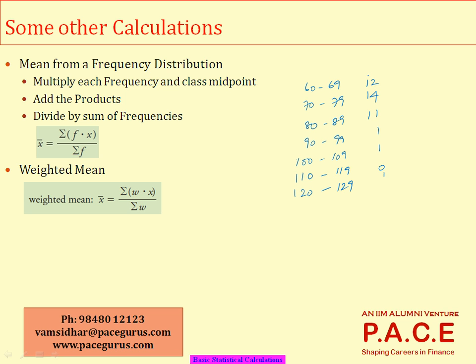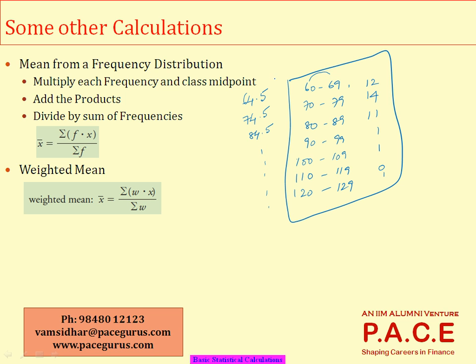If this is the example we were talking of, and I have to find out the mean, so this is not raw data. If I want to find out the mean for this particular frequency distribution, then all we need to do is, the first step, take the midpoints of each of the classes, 64.5, 74.5, 84.5, and so on.